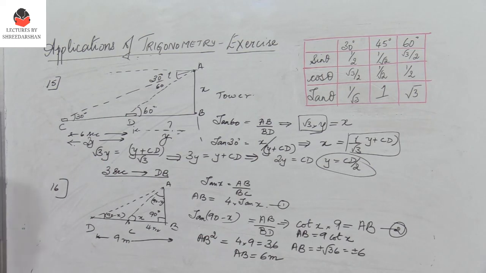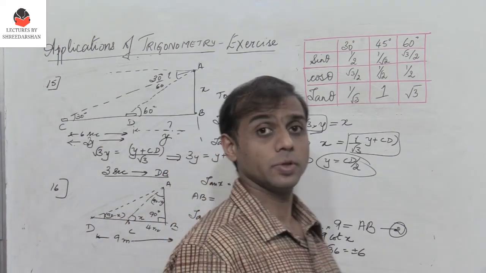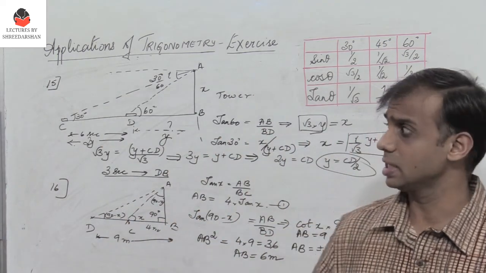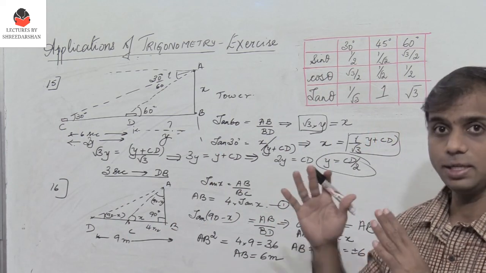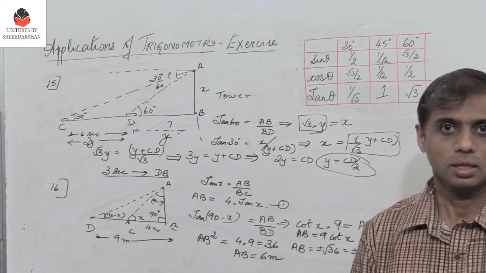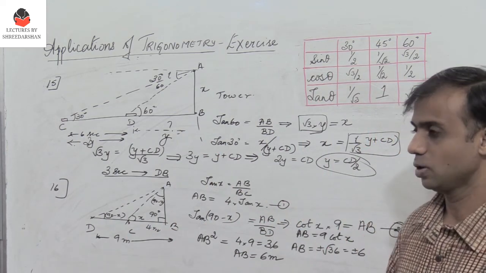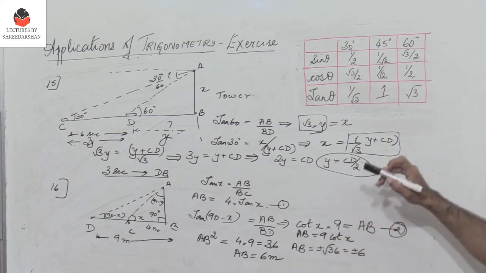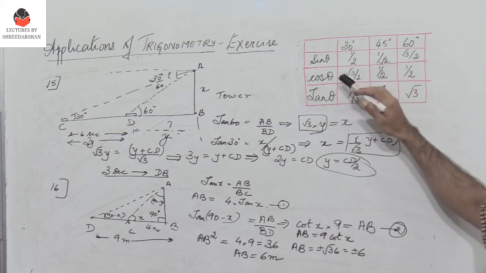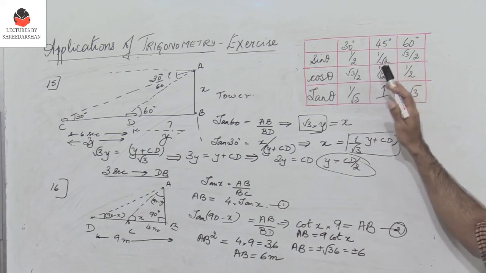Okay, so with this we have completed all the problems given in the exercise for applications of trigonometry. You have observed that some of the problems are very interesting, especially the last few problems where we really need to think and apply the basic fundamental principles of trigonometry. So it is not just enough if we know what these values are, what is sine 30, 45, 60 and so on.